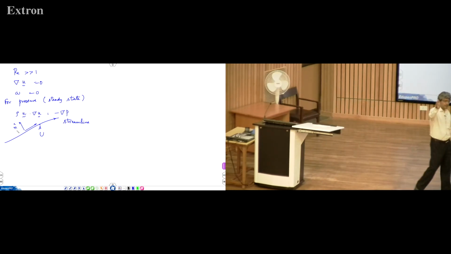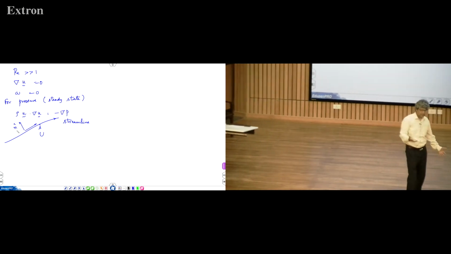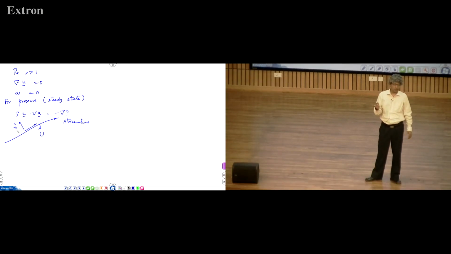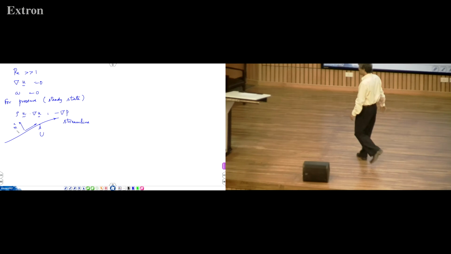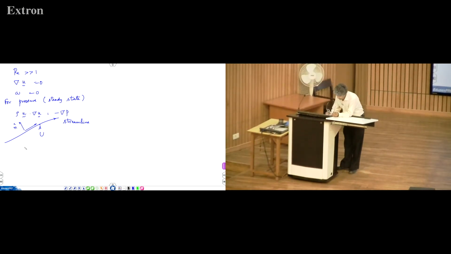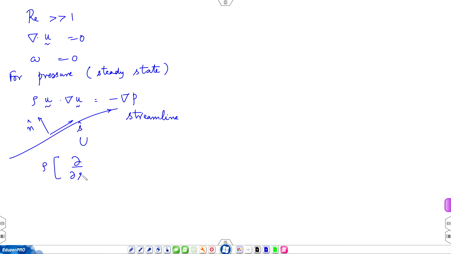If that is a streamline, velocity normal to the streamline is 0. So, now if you work with the s n coordinate system, there is only one velocity component. So, this momentum equation can be written as rho, along the s direction.